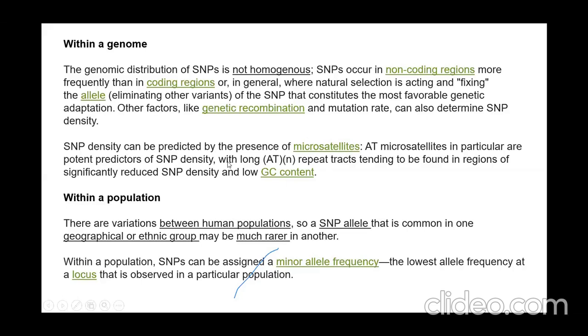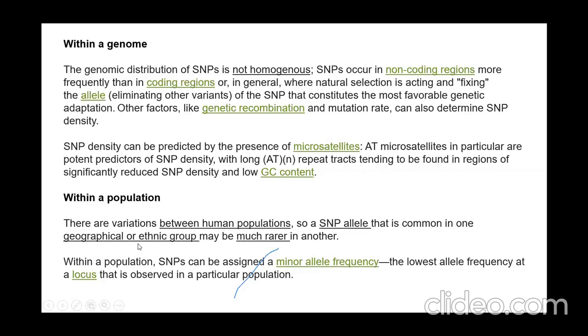For example, long AT rich regions have fewer SNPs. The more AT regions in a given genome, the fewer SNPs there are. Conversely, the more GC content the genome has in that satellite or domain region, the more SNPs can form. It is also associated with genome sequences and histone association.